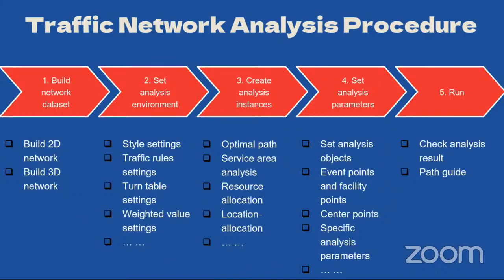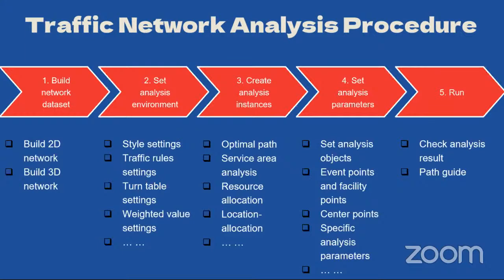After that, we add the network dataset. And then we need to set the network analysis environment, by setting the parameters of the environment: changing the style settings, traffic rule settings, table settings, and so on.